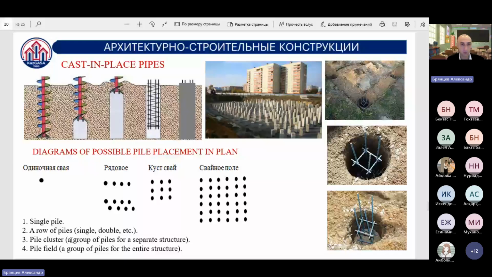And the last one is the pile field. So it's a large array covering the entire footprint, typical for multi-story buildings.